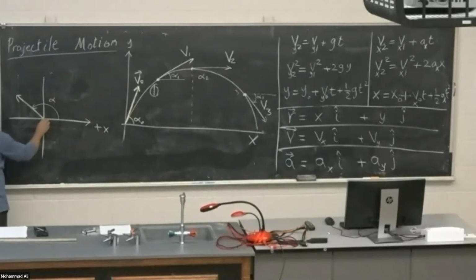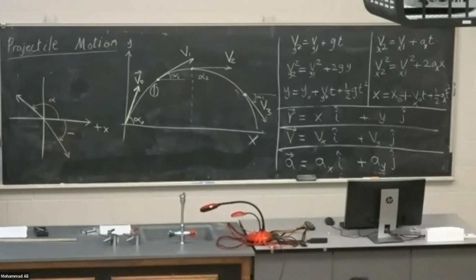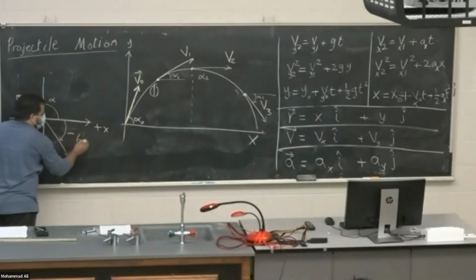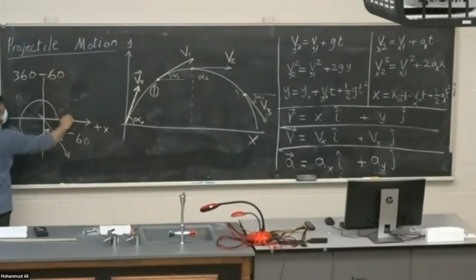What if my vector is here? You can tell me this is maybe minus 60. But in our solution, we need to measure this angle. How much is this? It is 360 minus 60, right? So it is 300.